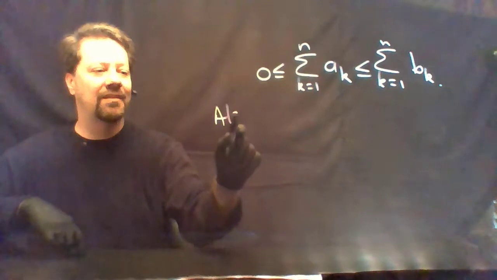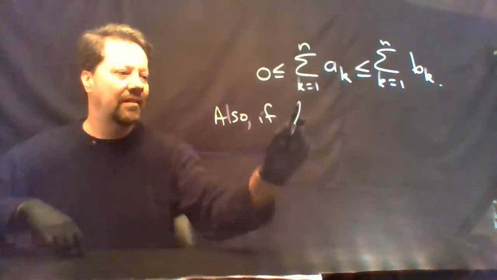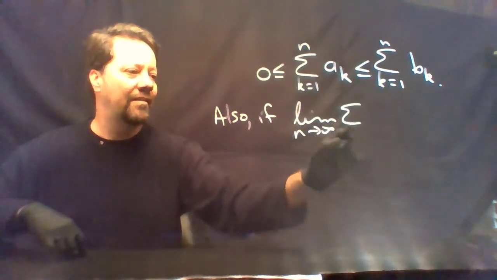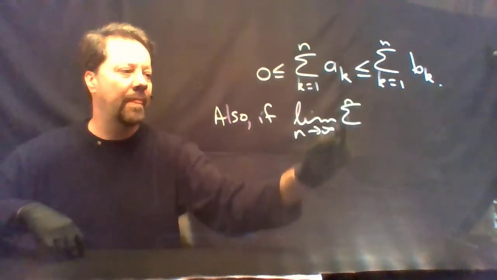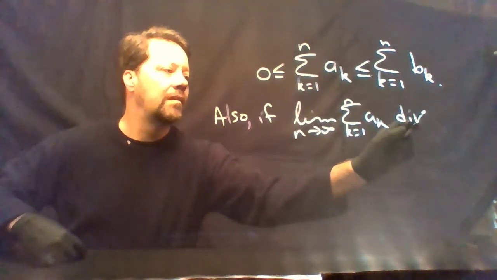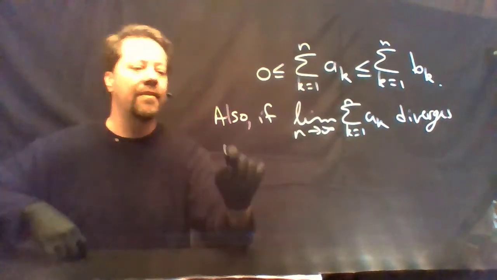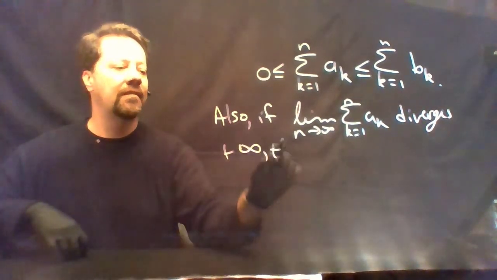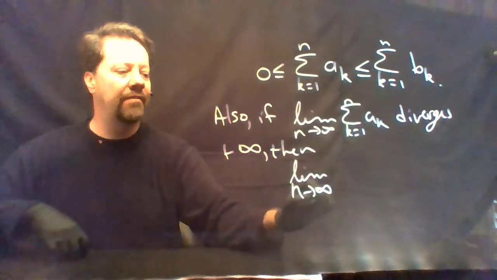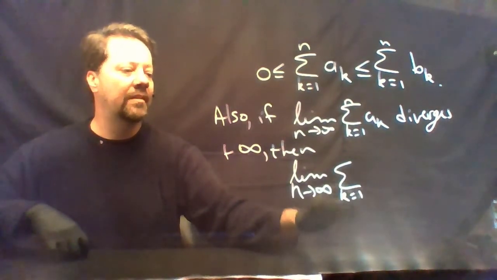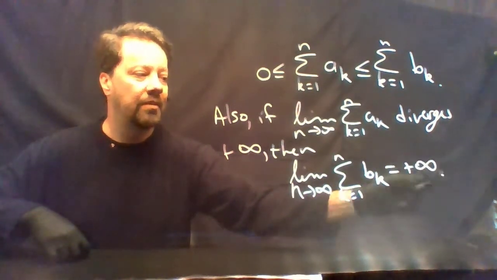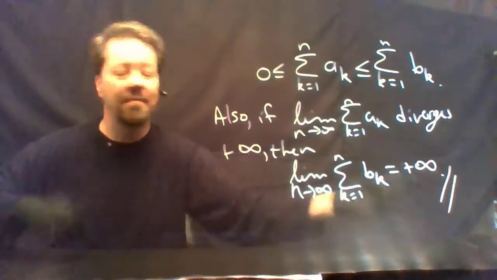Also, if the limit as n goes to infinity of the partial sum of the smaller series diverges to plus infinity, then the limit as n goes to infinity of the nth partial sum on the larger series must also diverge to plus infinity. And that's the end of the proof.